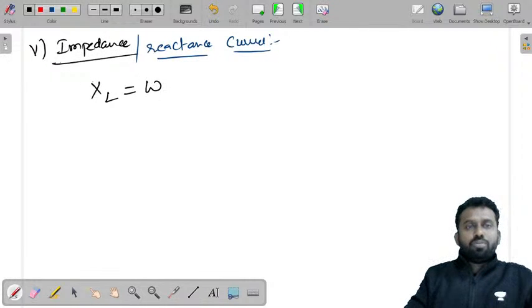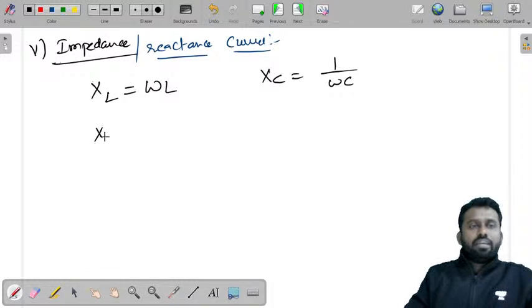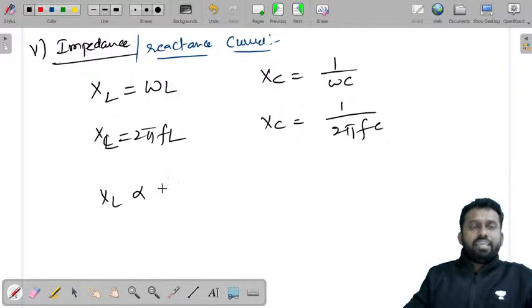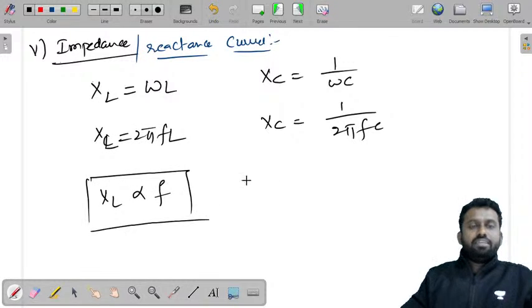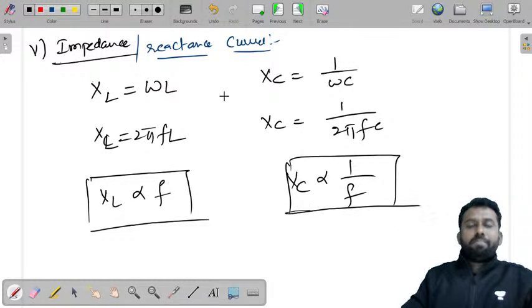XL is equal to omega L, XC is equal to 1 by omega C. XL is equal to 2 pi fL, XC is equal to 1 by 2 pi fC. Can I say XL is proportional to frequency and XC is inversely proportional to frequency?